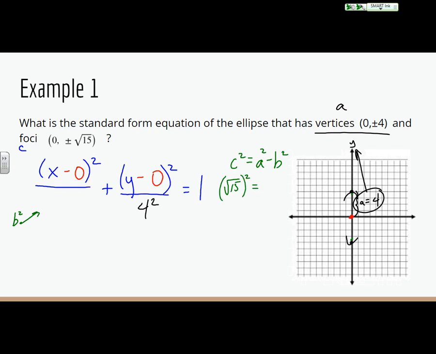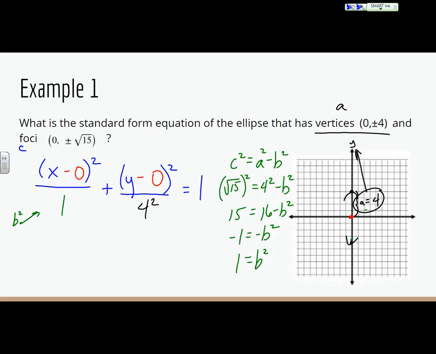I'll work that out in a minute. My a is 4, so my a squared would have to be 16. So that gives me 15 equals 16 minus b squared. I'll subtract 16 from both sides. I get negative 1 equals negative b squared. So my b squared is equal to 1. Be 1 right there.